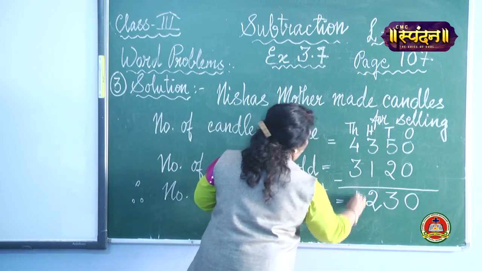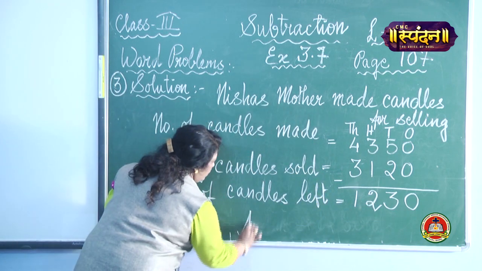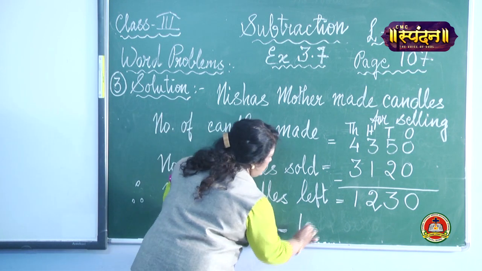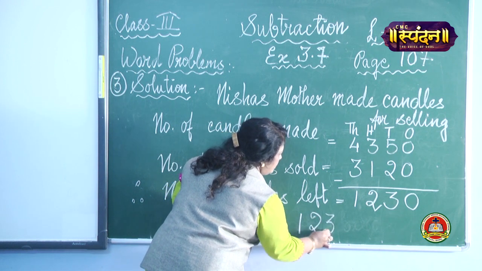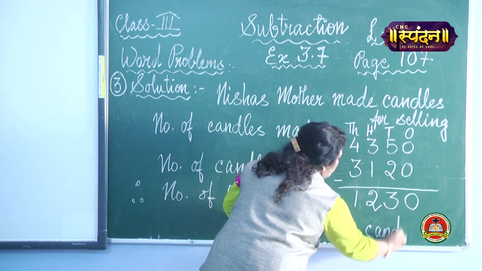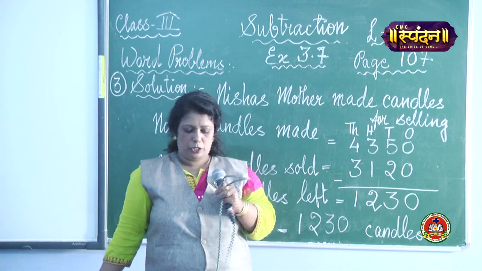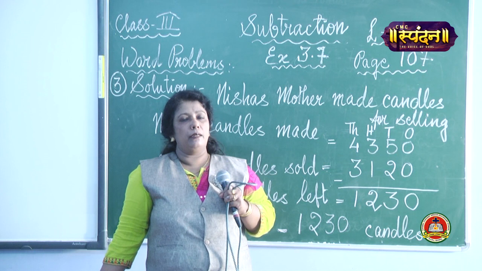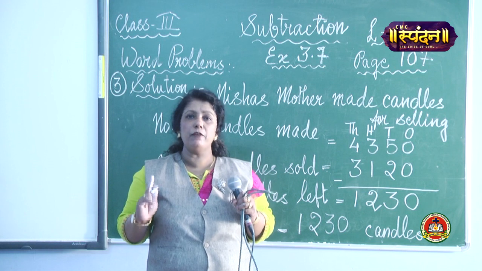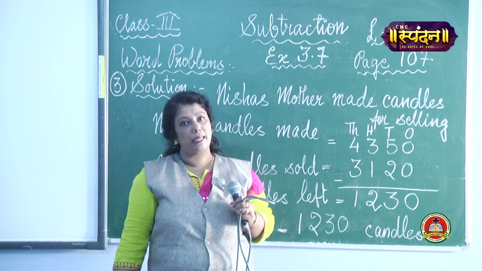Yes, 1. Then you'll write the answer. Answer is 1230 candles. Yes. So this must, students, my dear students, do the sums neatly in one page, only one word problem, right? Then we'll deal in the next class. Thank you.